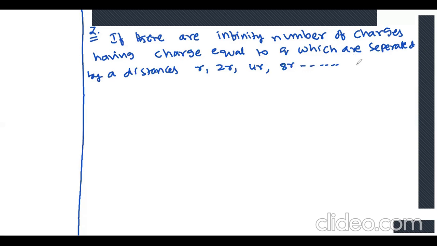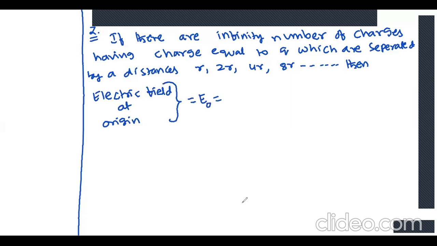Then electric field at origin, that is E naught, is nothing but E naught due to Q1, Q2, and so on to E naught due to infinity charge.